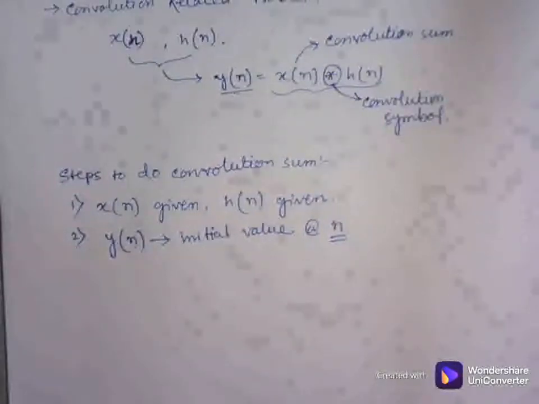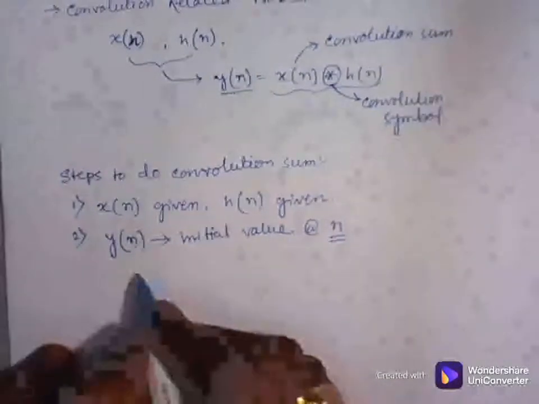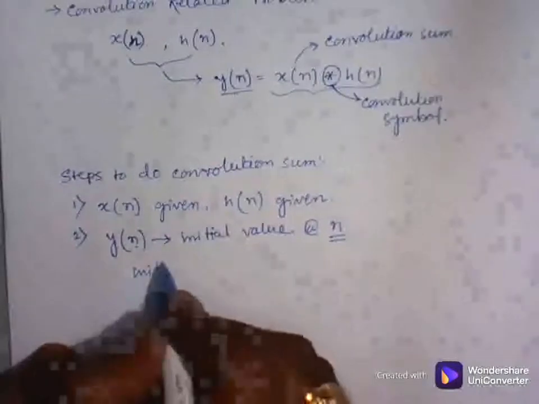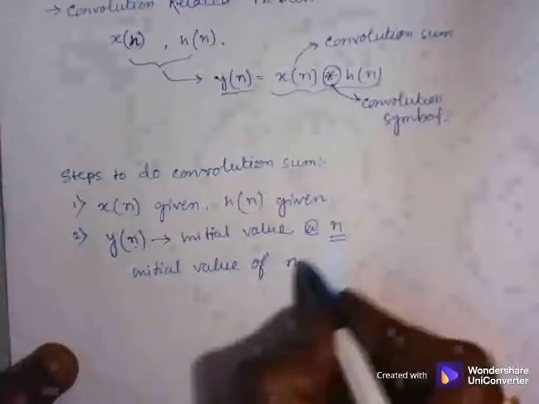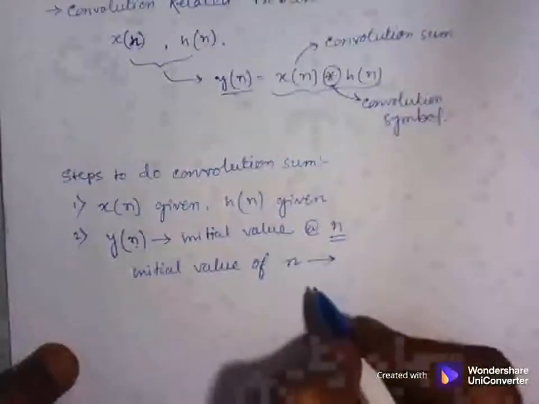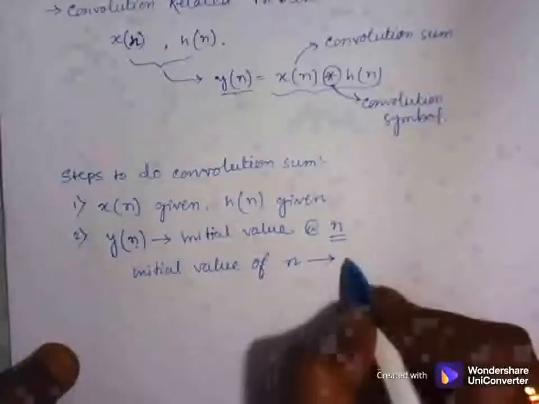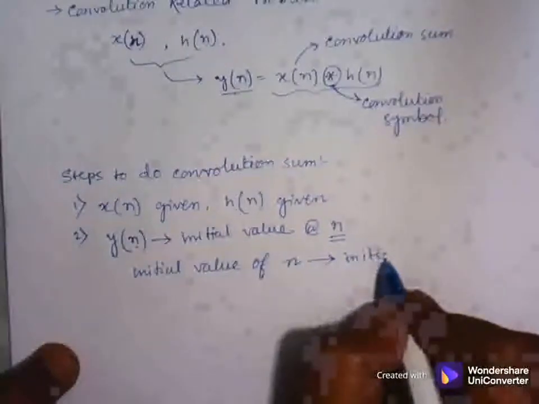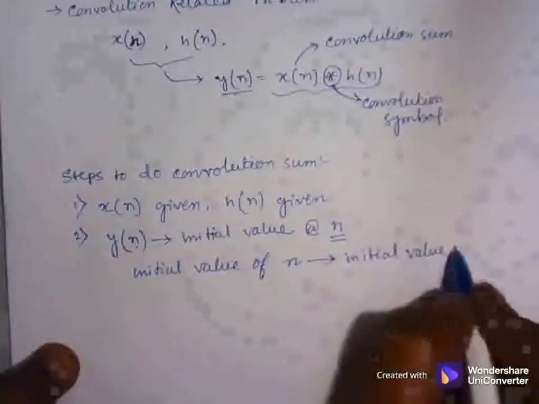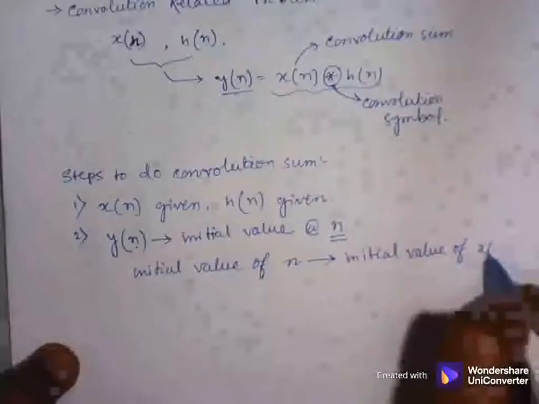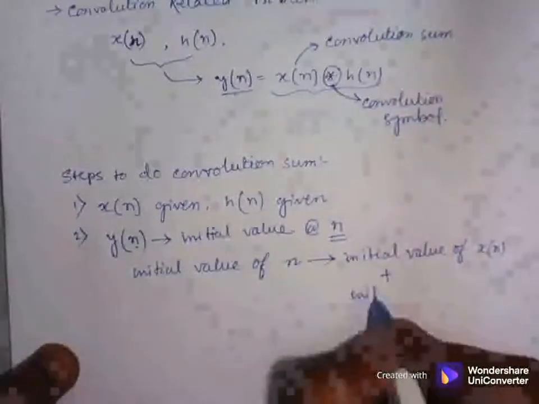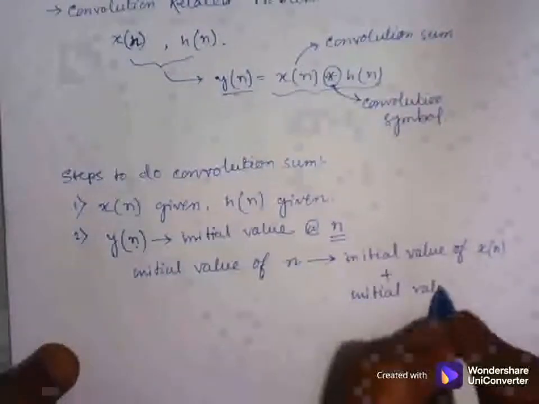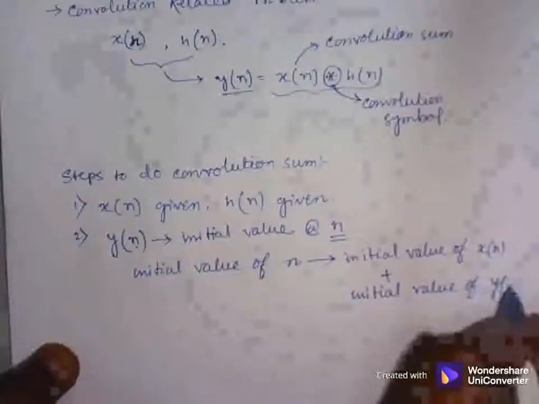The initial value of n is given as the initial value of x of n plus the initial value of h of n.